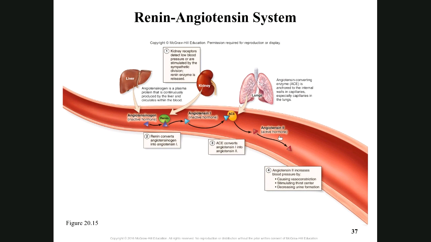It can make vasoconstriction, it can stimulate the thirst center, it can decrease urine formation by the effect of ADH and aldosterone. So we have more blood, more water in our body, so the blood pressure in all cases goes up. We call it renin angiotensin aldosterone system or mechanism. And all the information which you need is in your PowerPoint.